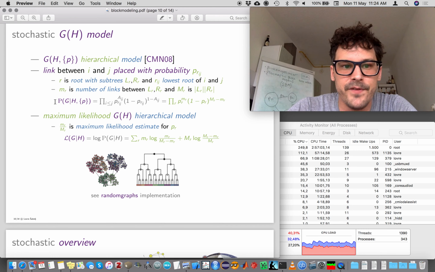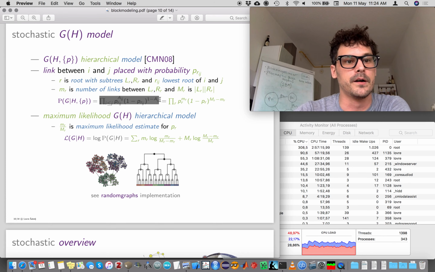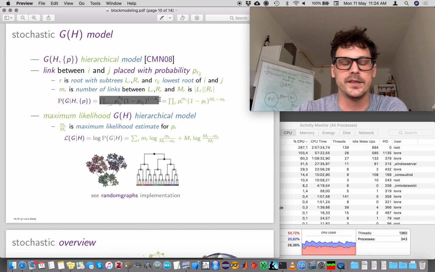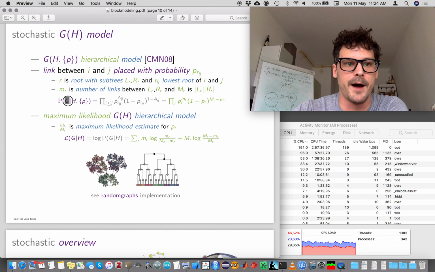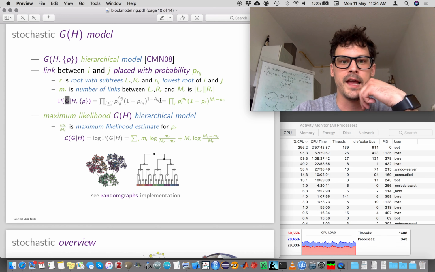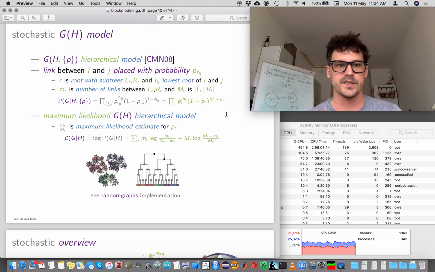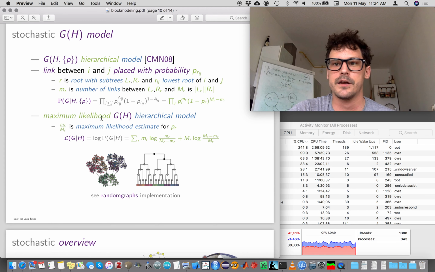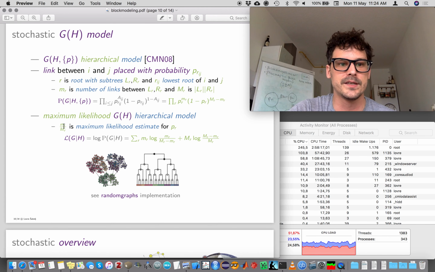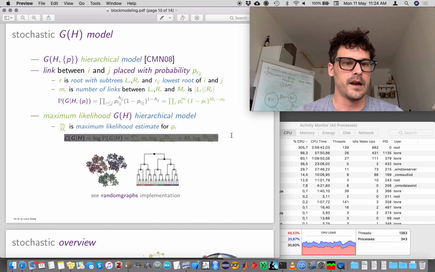And then we write down the basic formula for the probability that, with this hierarchy and these probabilities, we will observe the particular graph that we are dealing with. Again, you can write this product over the roots instead of over pairs of nodes. And again, as before, it turns out that the maximum likelihood estimate for these probabilities is simply the density. So at the end, as before, we simply get the log likelihood.